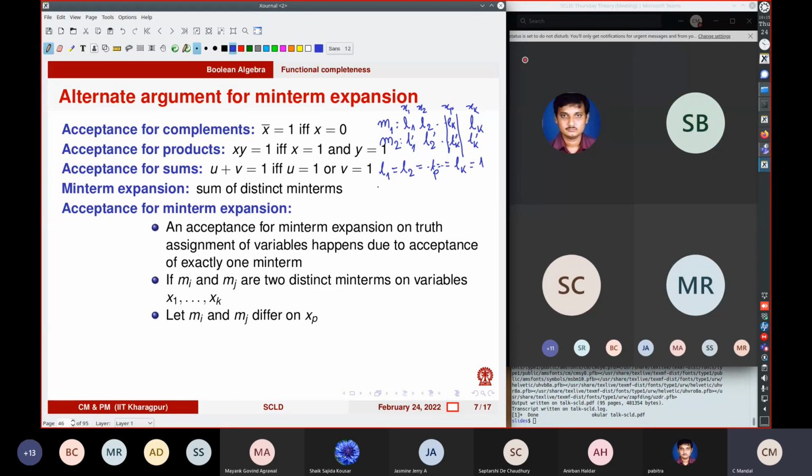So for m2, you have lp dash, right? So this one is going to be 0.